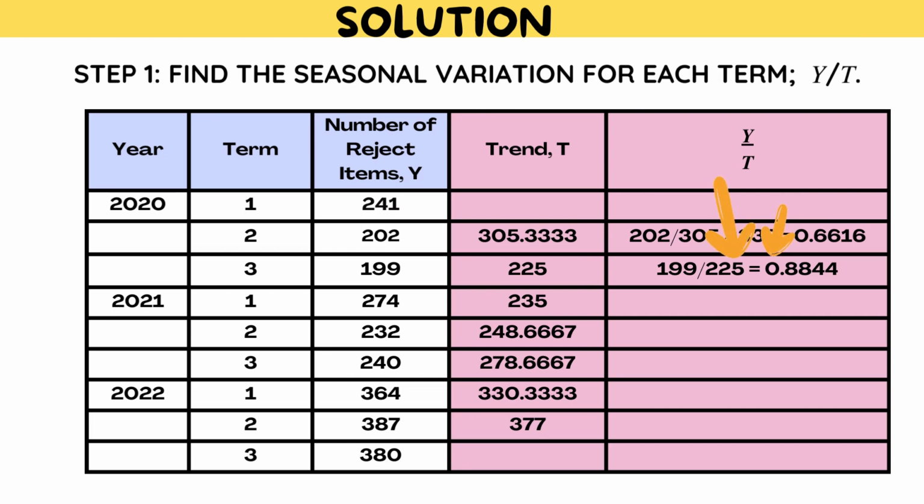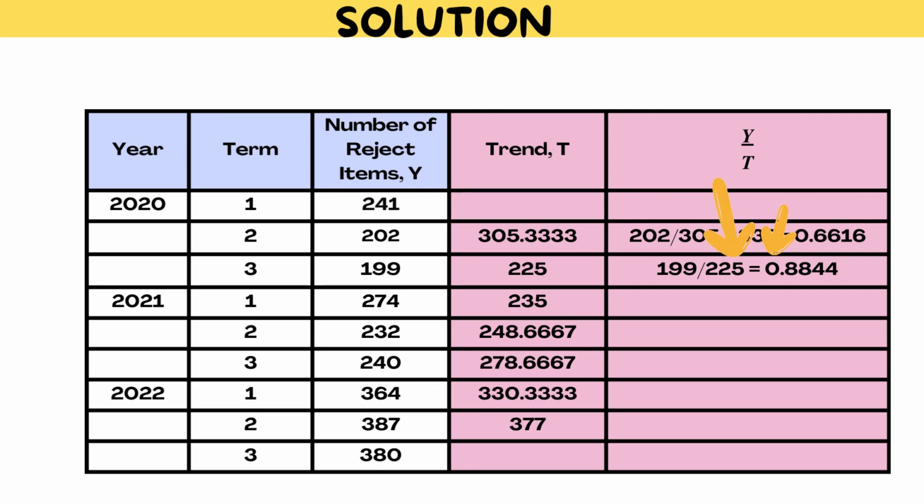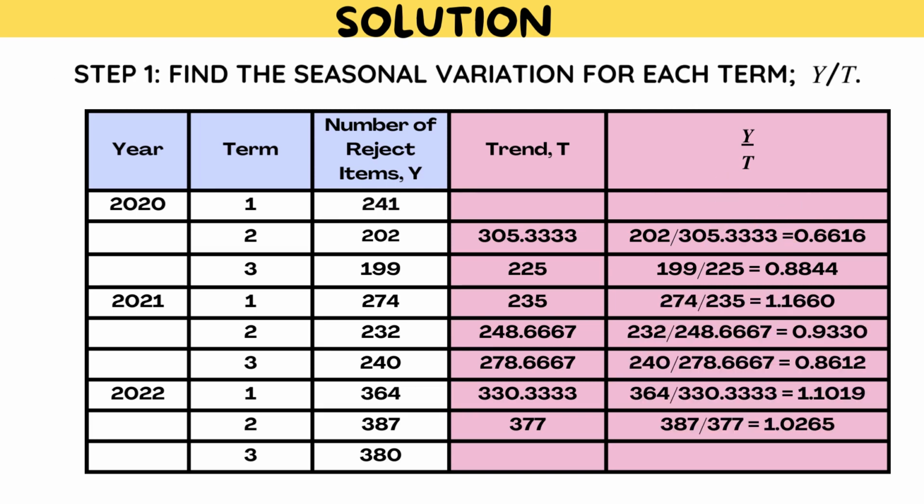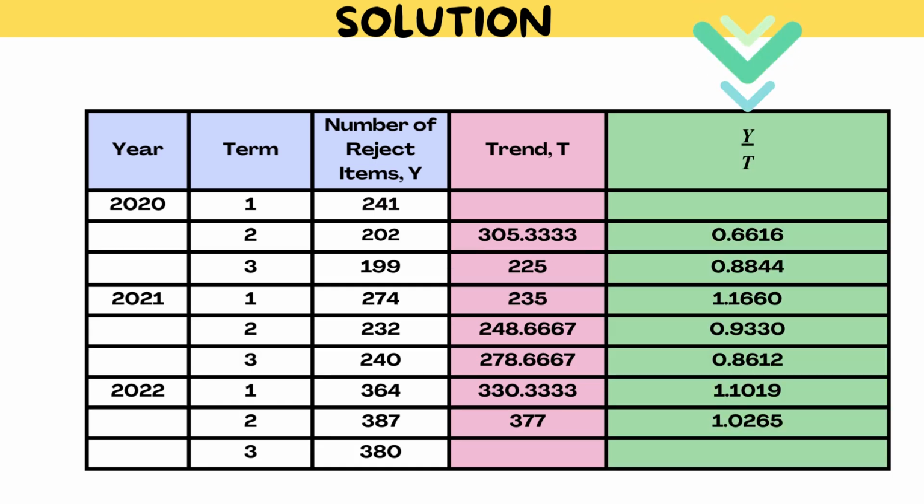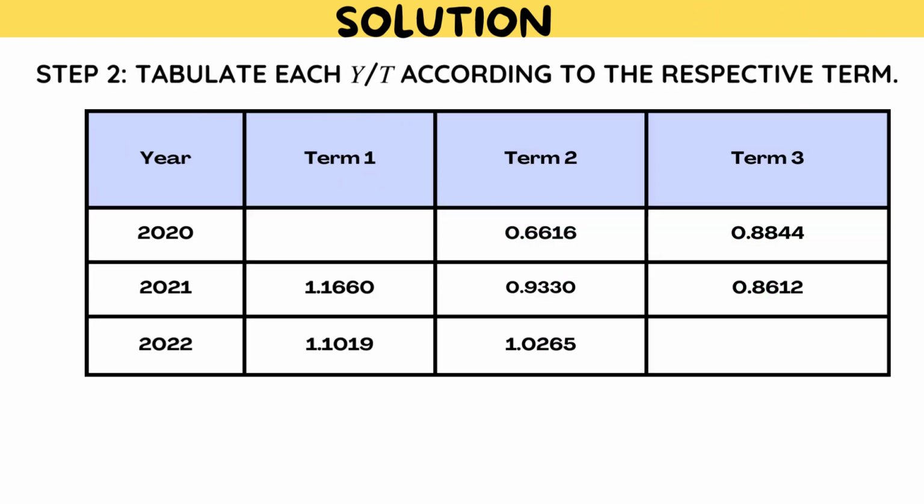Proceed to the second line, 199 divided by 225, the answer is 0.8844. Continue to calculate the values of Y over T until the last line, 387 divided by 377. The answer is 1.0265. So class, the green color column is our seasonal variation values.